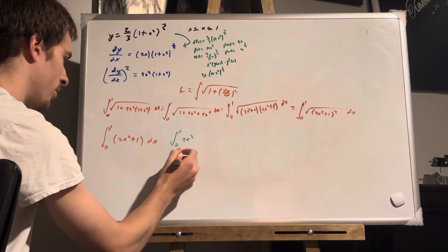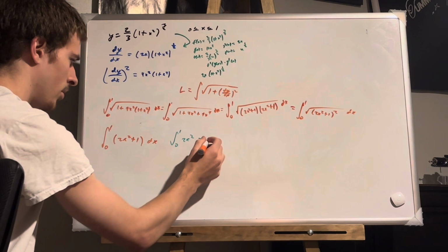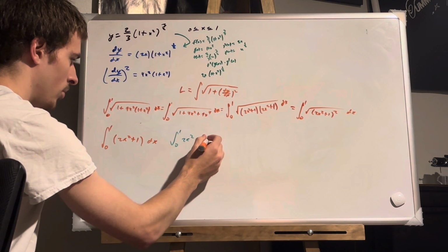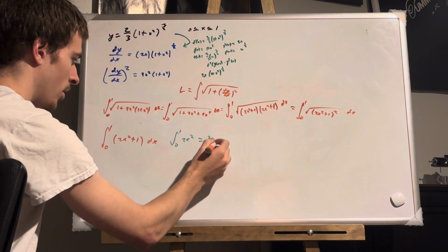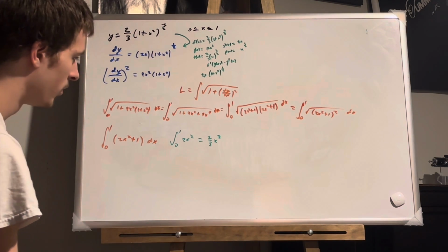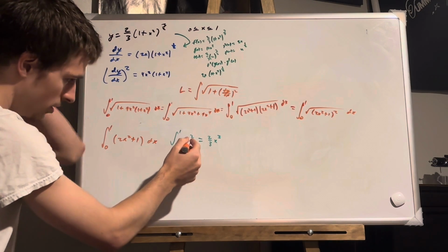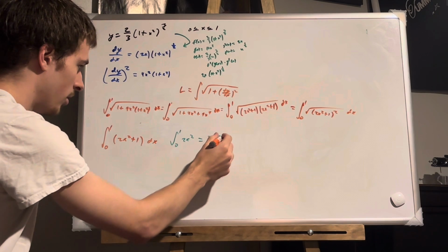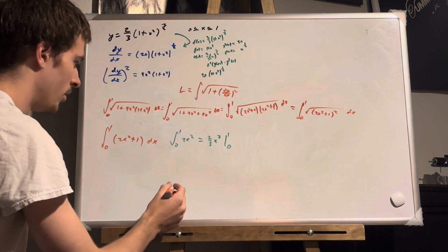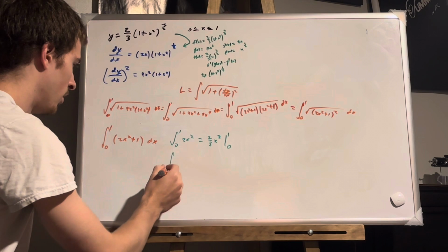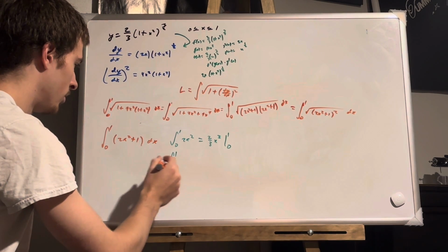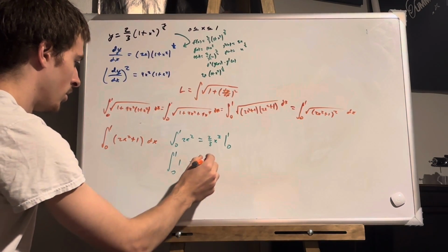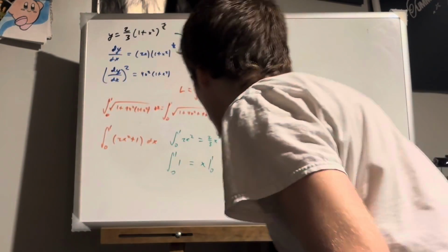2x squared integrated becomes 2 over 3 x to the power of 3. Okay? And then that's just integrating it from 0 to 1. And then this becomes that.